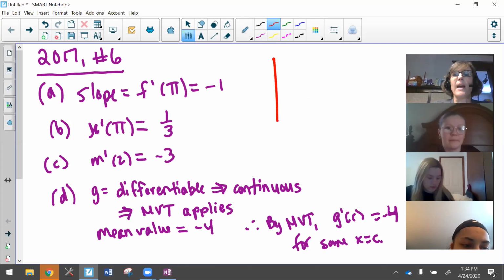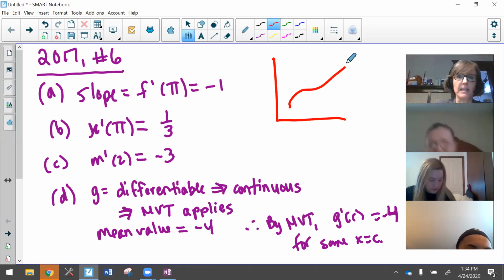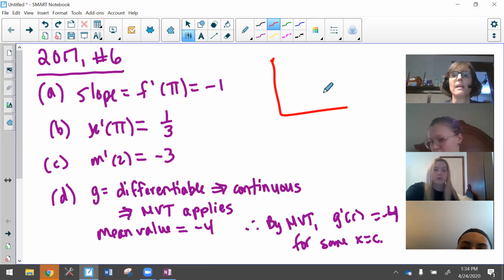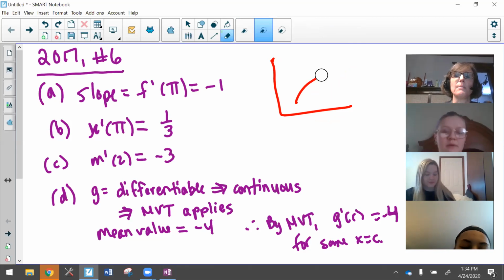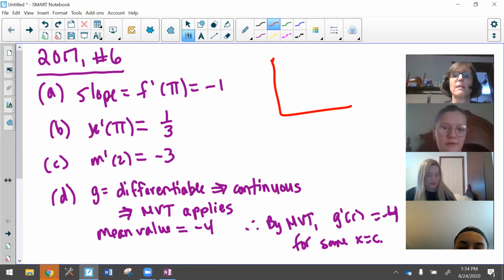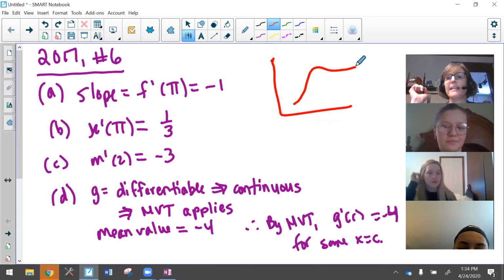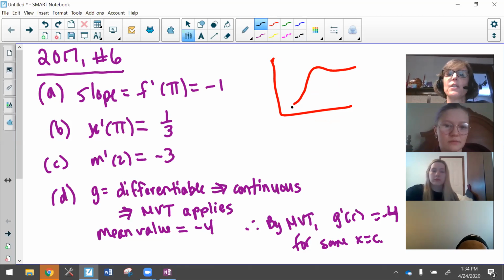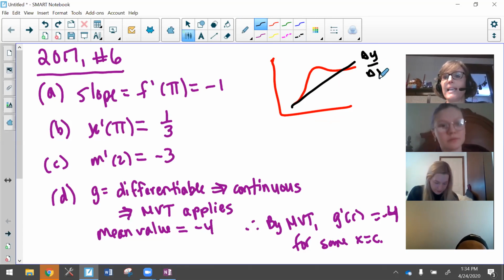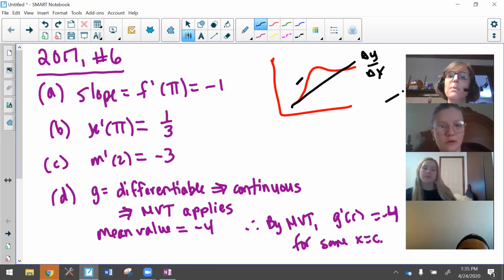So if you have a function like that, and we took that average slope, which might look something like this, that's basically delta y over delta x. Then that means there has to be some point that has the same slope as that.